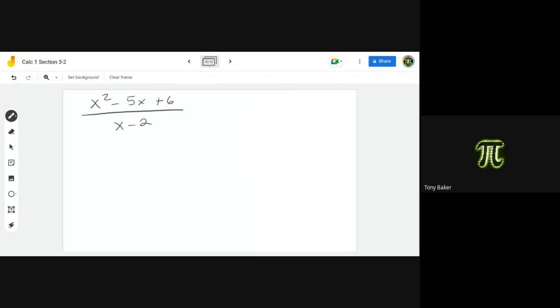We could. But let's factor the top. What two numbers multiplied to positive 6 and added to negative 5? In this case, it's negative 2 and negative 3. So now I'm just looking for the derivative of x minus 3, which is just 1.